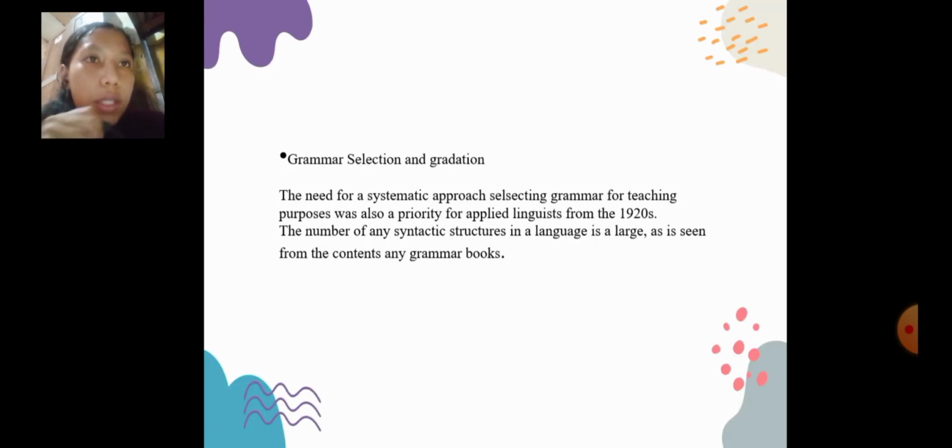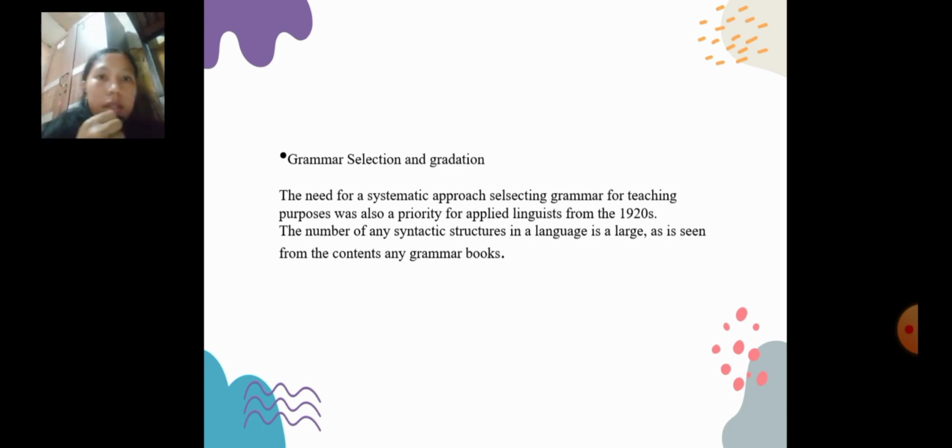Grammar selection and graduation. The need for a systematic approach to selecting grammar for teaching purposes was also a priority for applied linguists.